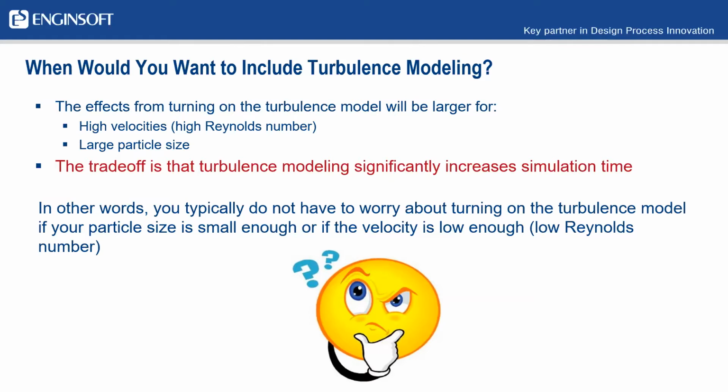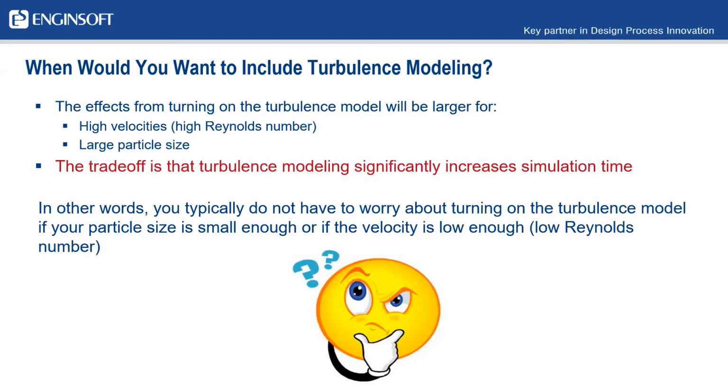And so this is a trade-off that you're going to have to take a look at. The big trade-off here is that the turbulence modeling significantly increases the simulation time. Often you're looking at your simulation and trying to decide, is the most effective use of simulation time to reduce the particle size, or to turn on the turbulence modeling?